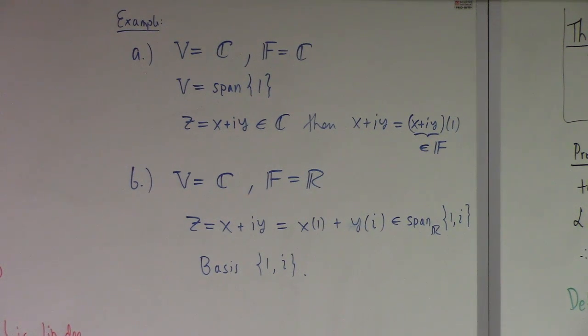1 and I are linearly independent in the real sense. 1 and I are linearly dependent in the complex sense, because I is just equal to I times 1. That's a linear dependence in the complex sense. I'm not allowed that if I'm working in the reals, because I don't have I as a scalar.